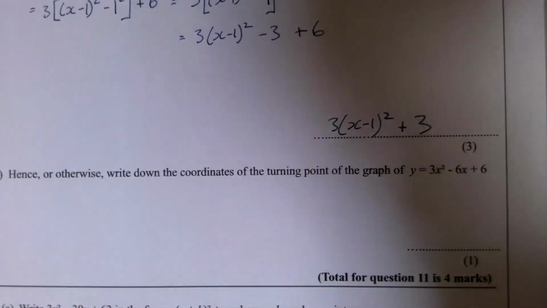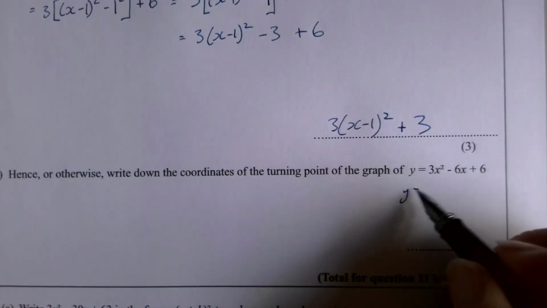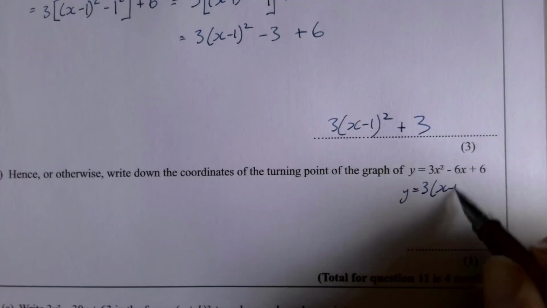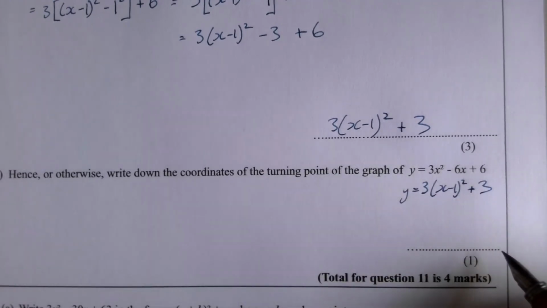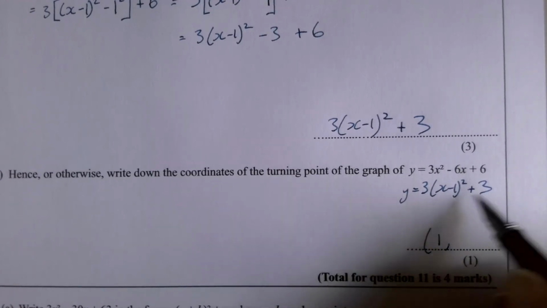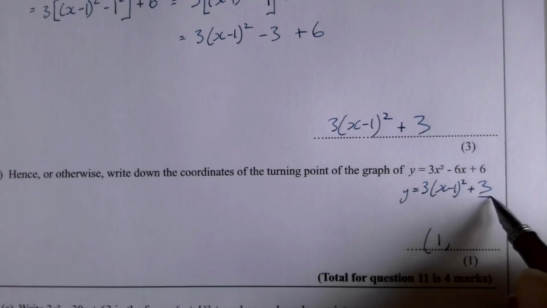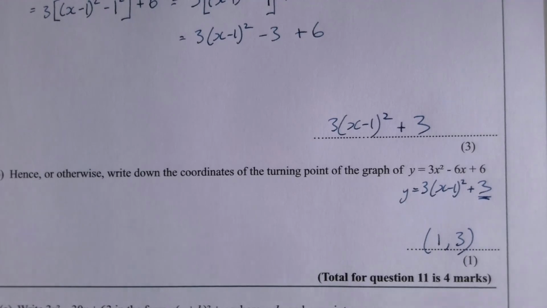And now when it gets to the turning point of our graph, we're going to be using the completing the square that we've just done, and we know that our x coordinate must be 1 to make the bracket equal 0, and when it is equal to 0, this is our y coordinate. So (1, 3) is our final answer there.